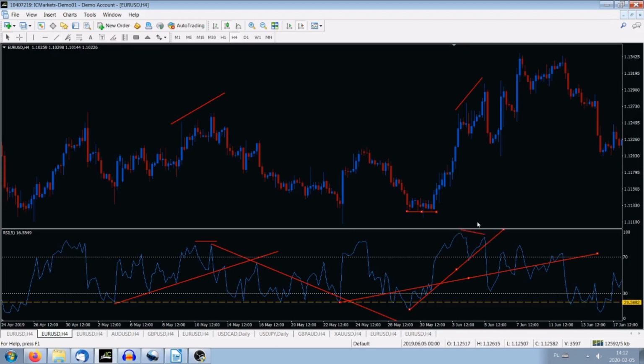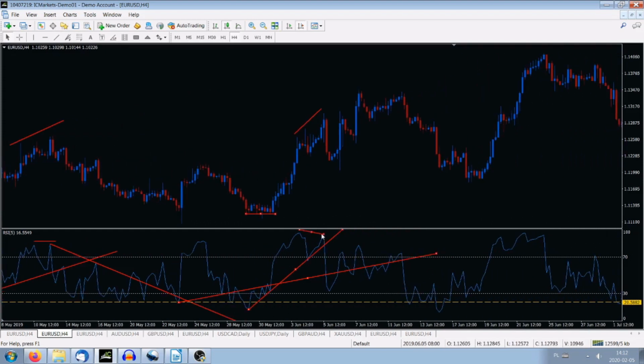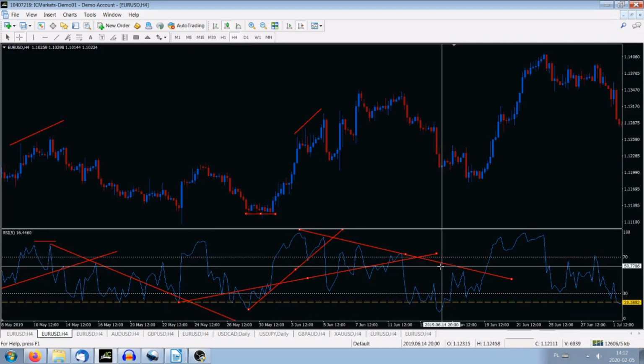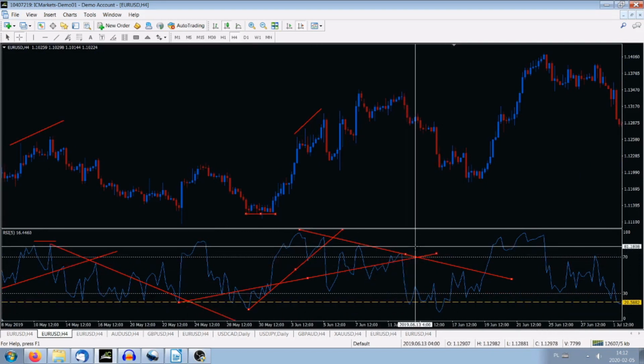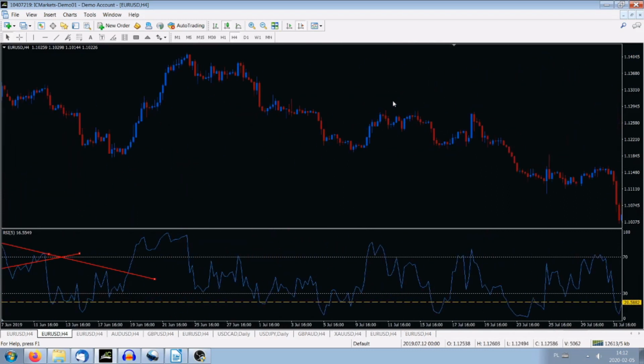That's the reason. That's divergence, the first one. So what happens after that? If you draw the line further down, you will see the crossing here of those two lines, which shows where the market starts falling. So that's how it works.